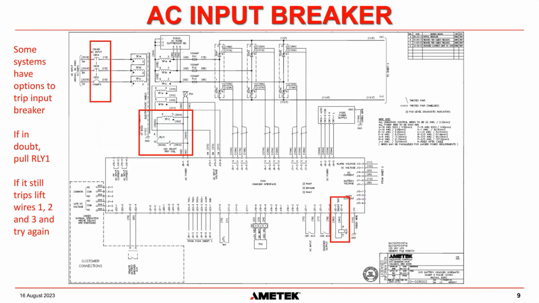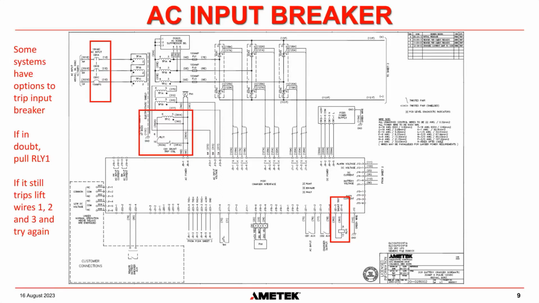So if we have high voltage DC on the output of the system, then CB1 is going to trip. So if you find the breaker in a trip position, it could well be that the system has tripped on high voltage.